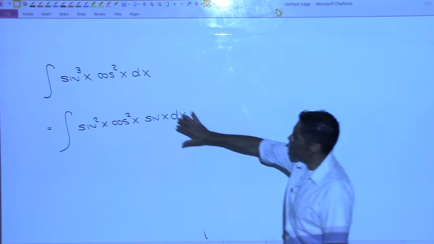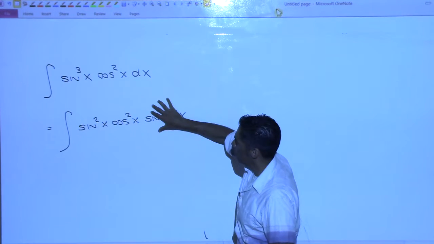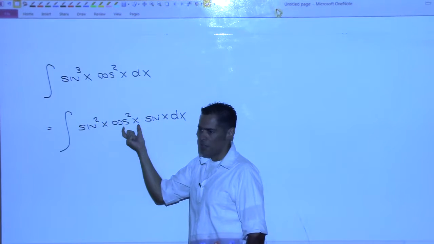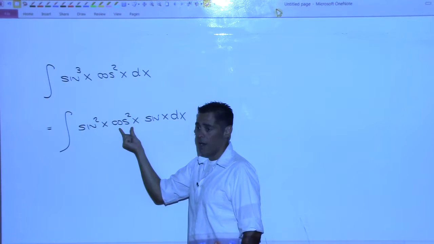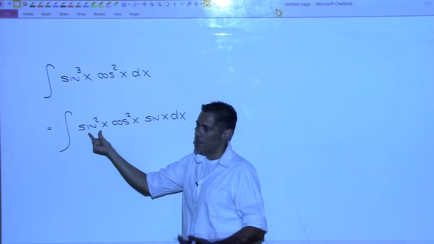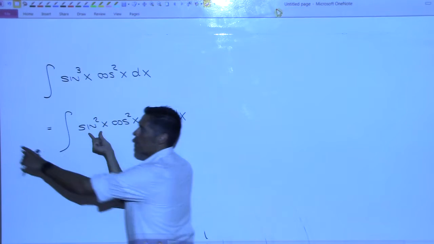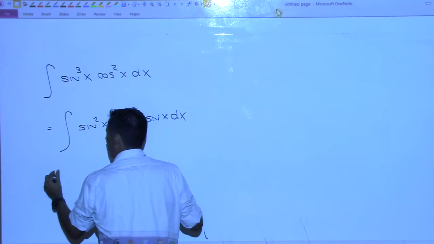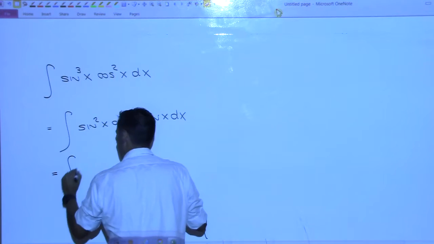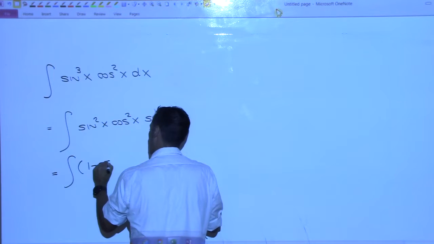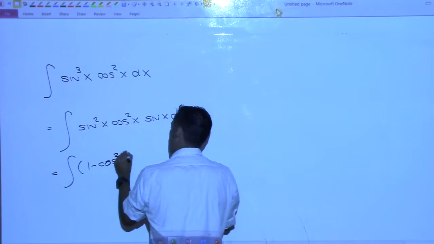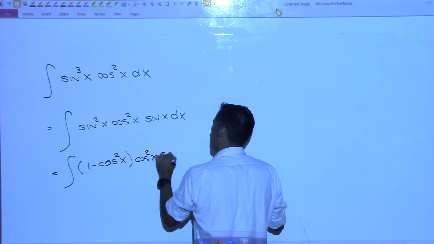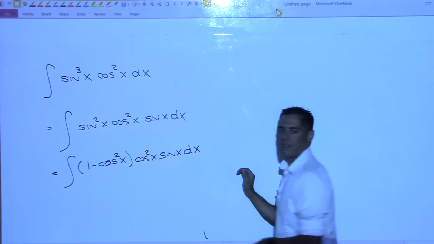If this is going to be the derivative of cosine, then I need cosines over here. Sine squared is not cosine, but sine squared is 1 minus cosine squared x. So you could rewrite this as 1 minus cosine squared x, cosine squared x, sine x dx. That's the same thing.